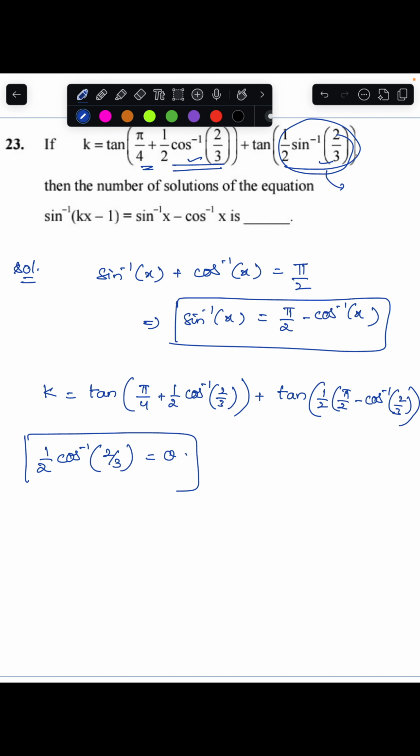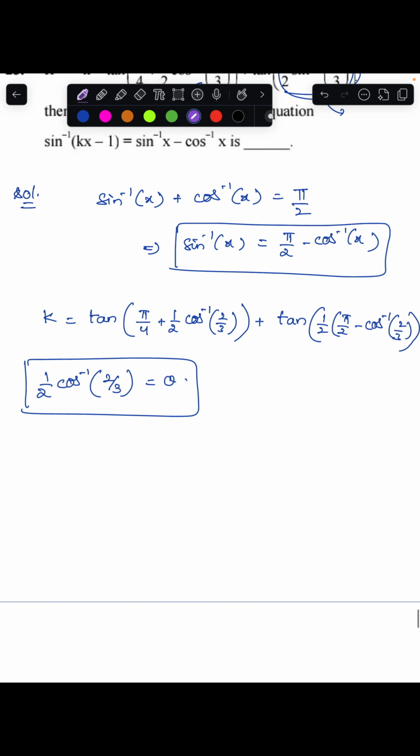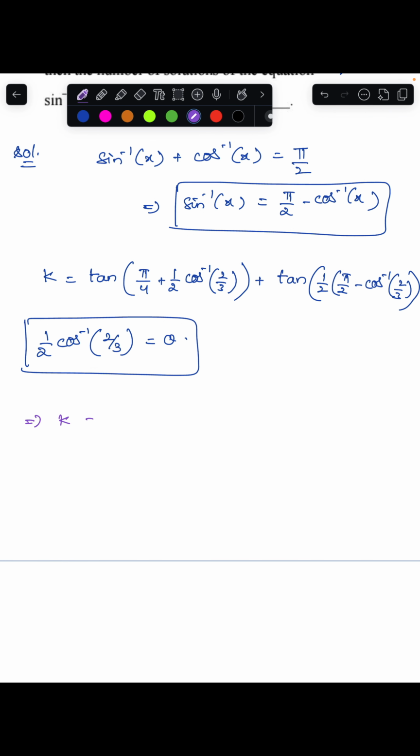I will substitute like this. Now I can write k equals tan of pi by 4 plus theta plus tan of half of this one means pi by 4 minus half of cos inverse 2 by 3, right? So I get pi by 4 minus theta.